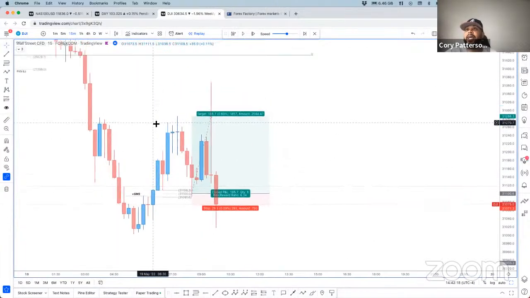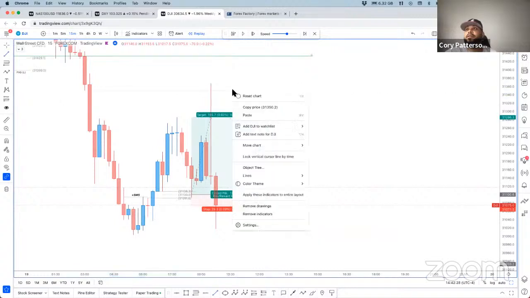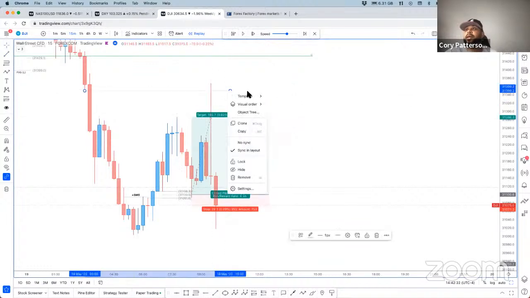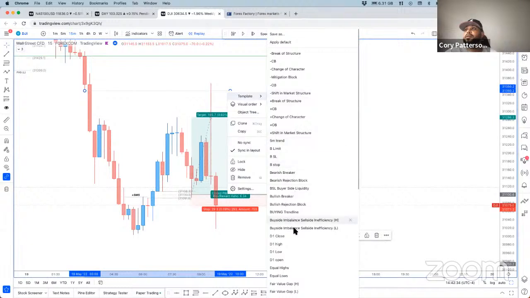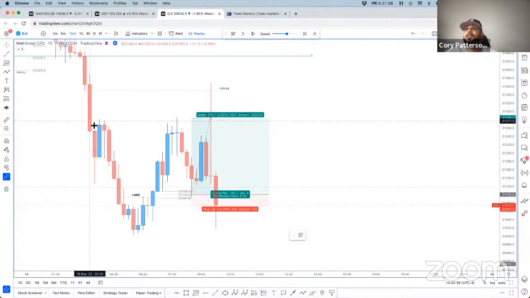But in the opposite direction, here is what we could have been looking for, a sell. Here is the gap right here. That's the high. This is the low.